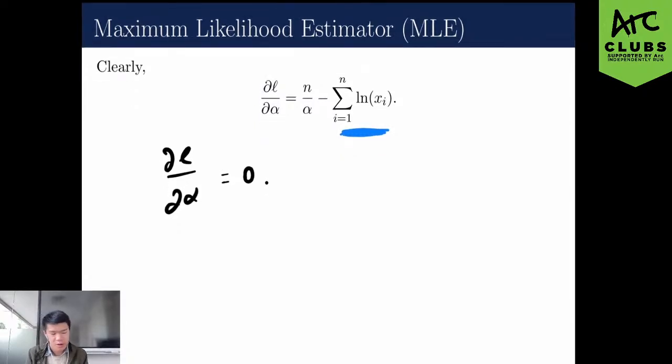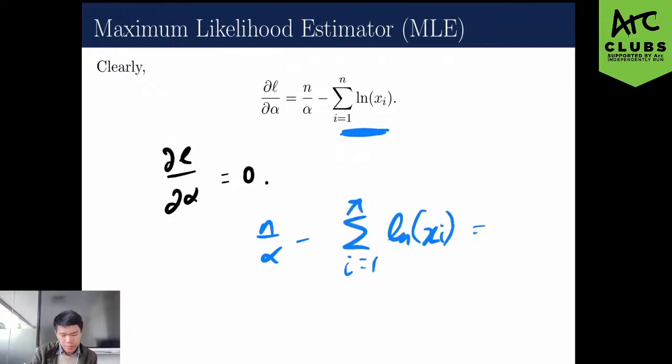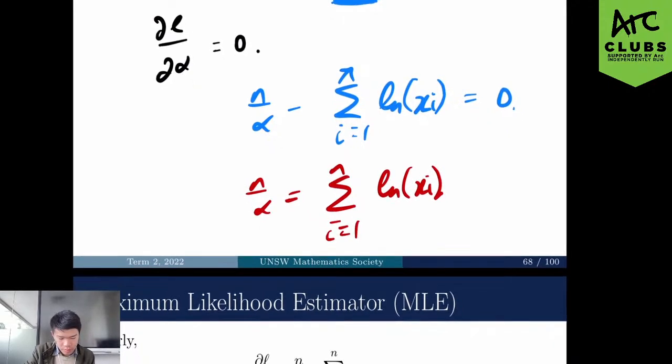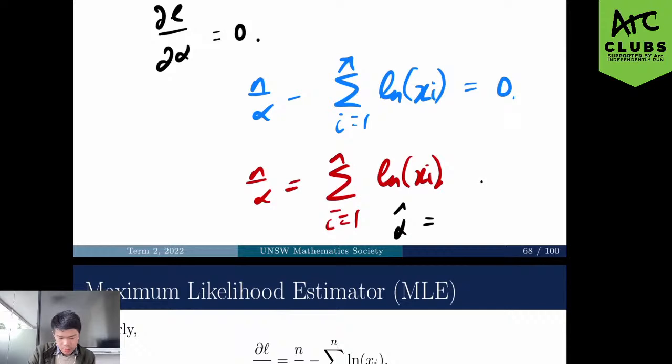So if dL on d alpha is equal to 0, then that means n on alpha minus the sum is equal to 0. And basically solving for alpha, we get this.